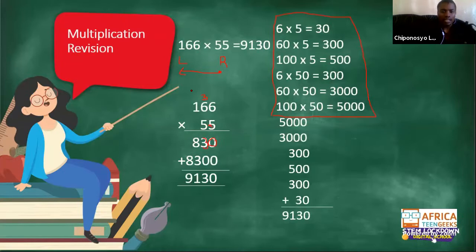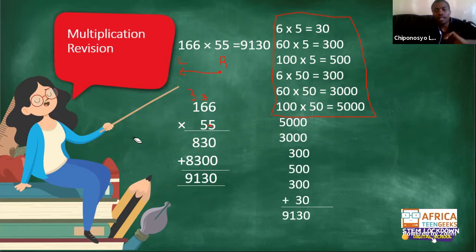I carry 3. 5 times 1 is what? 5. Plus 3 is what? 8. So my final answer is what? 830. This is the first one. Let me clear that up for you guys. That's the first one.